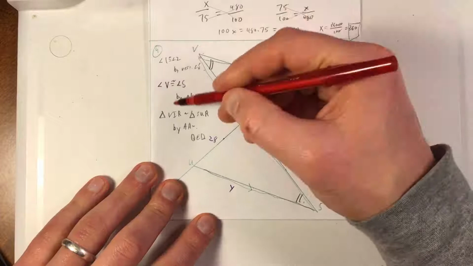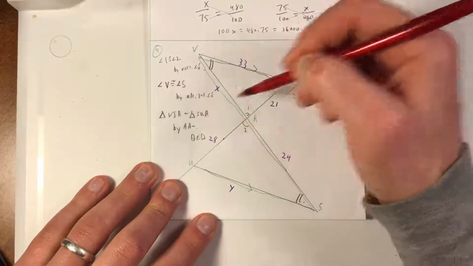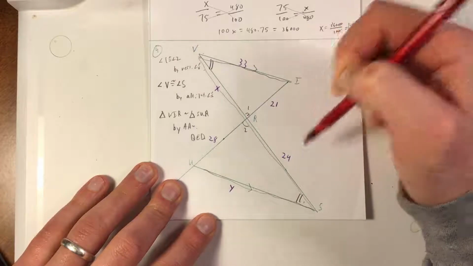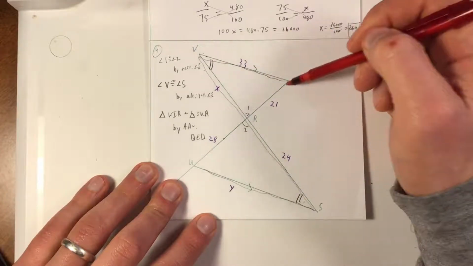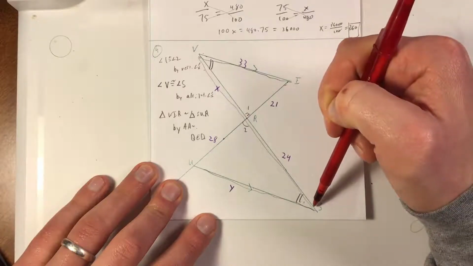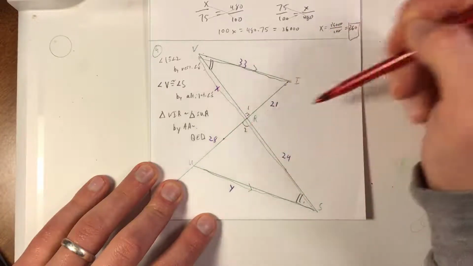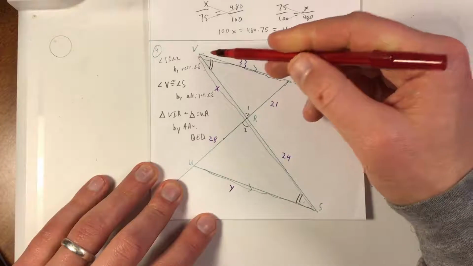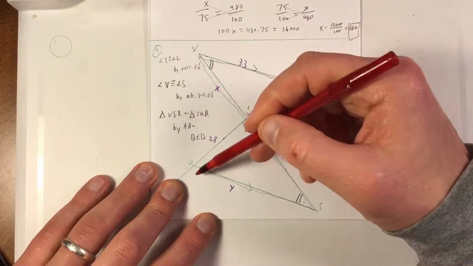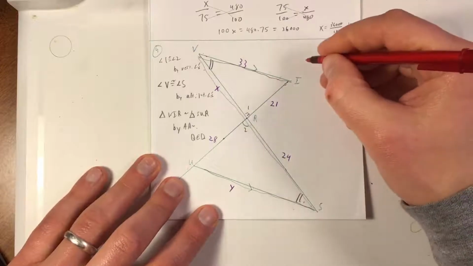VI matches up with SU. VI matches up with S. Oh, did I mess up here? VIR. Then SUR. Oh yeah, no, I'm fine. VI right here matches up with US.